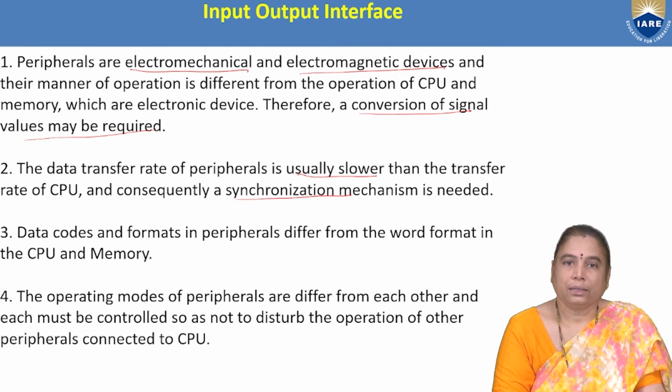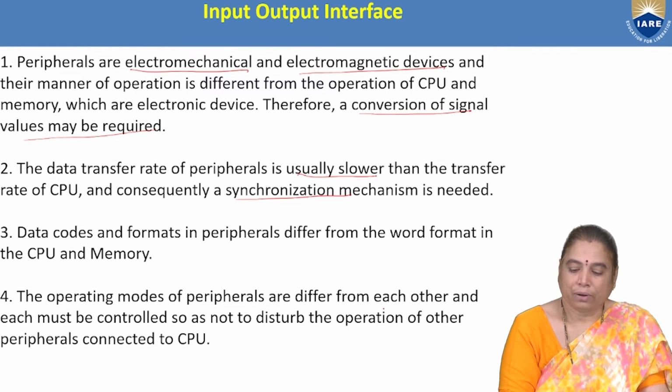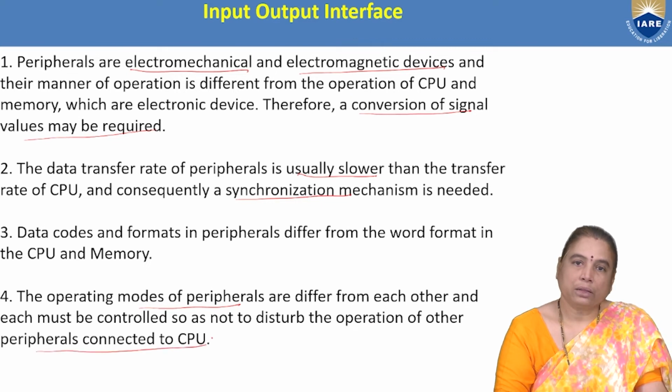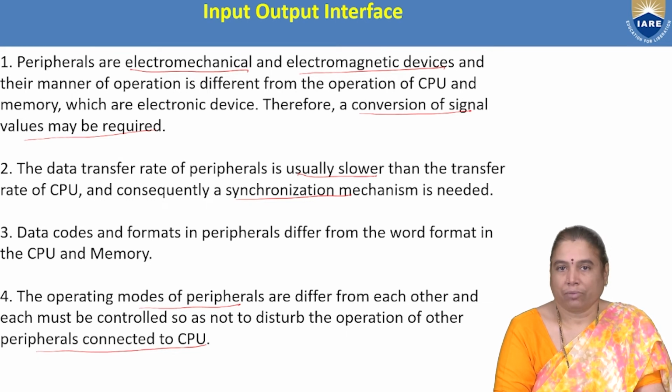Generally the input-output devices use key codes for the data, while the memory word representation can be different from these codes. So there is a need for an interface. The operating modes of peripherals differ from each other and each must be controlled so as not to disturb the operations of other peripherals connected to the CPU. So for these reasons, the interface is required.